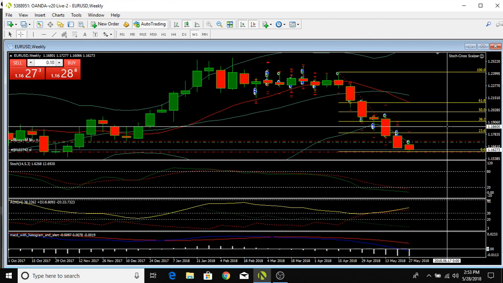And another thing is, I know there's a lot of different ways to analyze the market, with all kinds of fancy looking at the candles and coming up with all these different shapes and things.